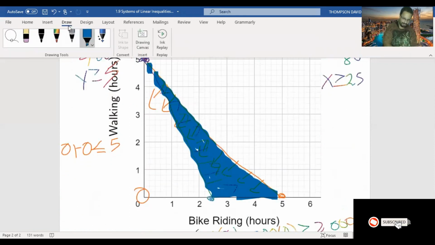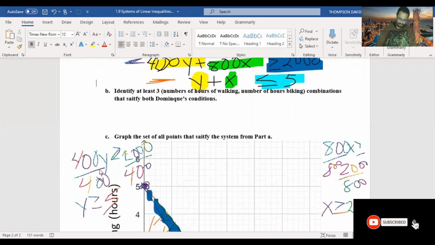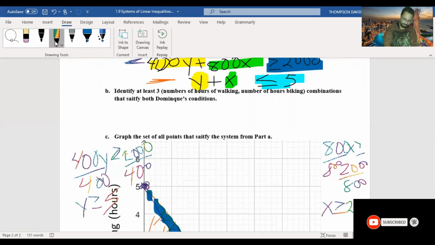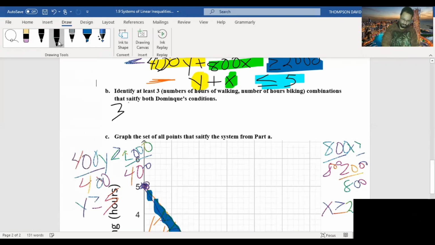We just have to pick some points that work. For example, that point right there is in the solution region, so that'll be 3 biking hours, 1 walking hour. We'll use B for biking and W for walking.